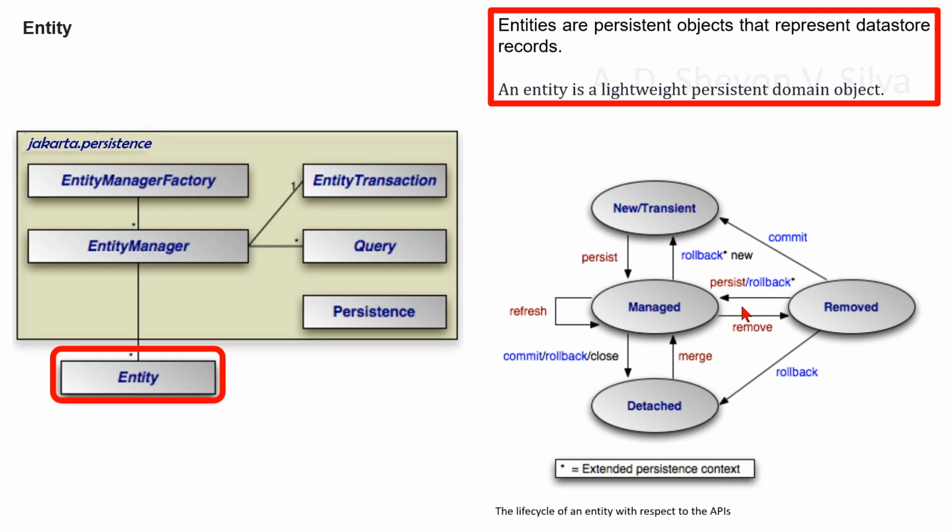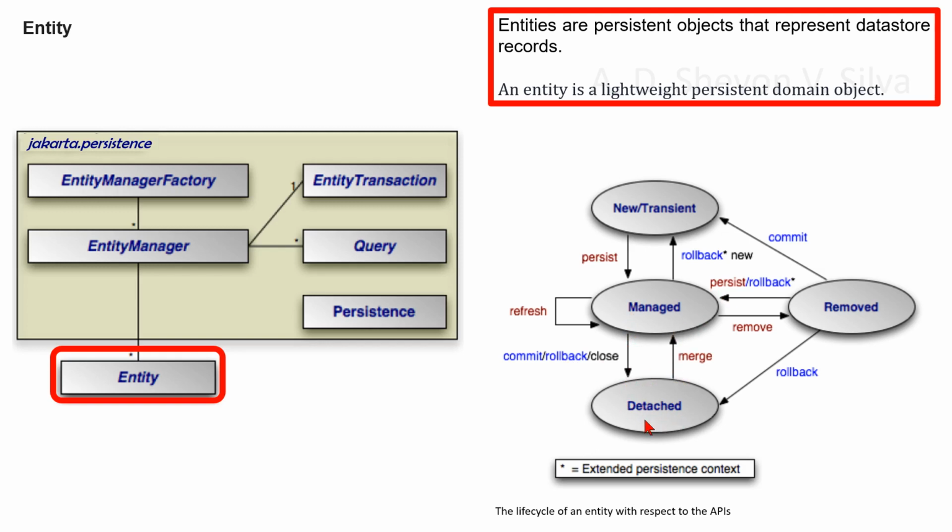Persist, rollback are passed from removed to managed. Rollback here is an extended persistence context. Commit, rollback clause are passed from managed to detached, and merge is passed from detached to managed.